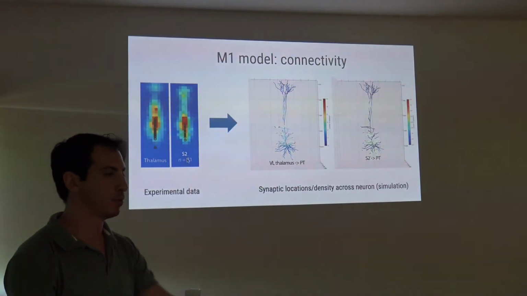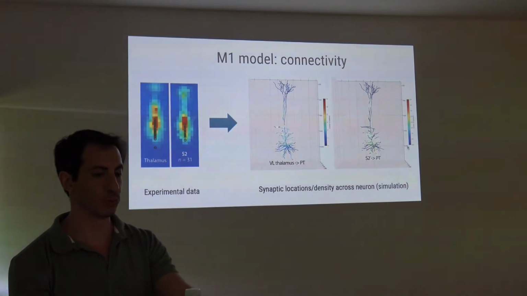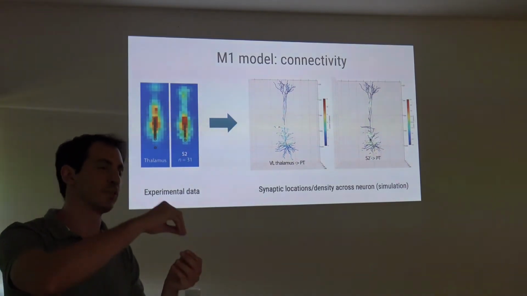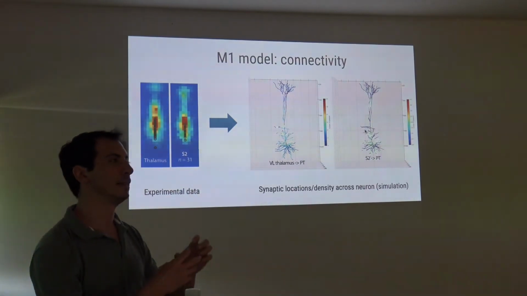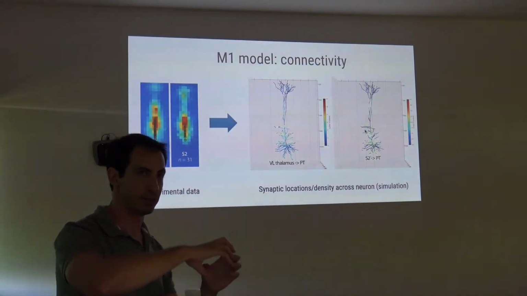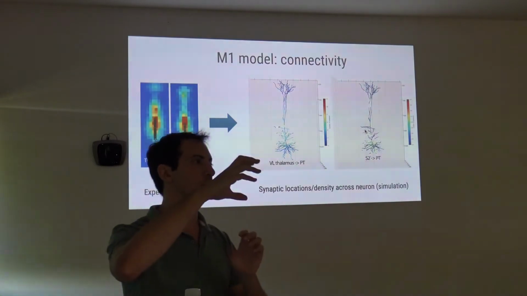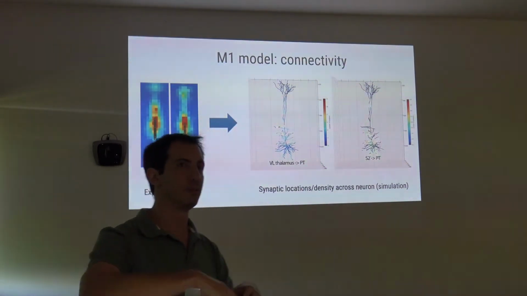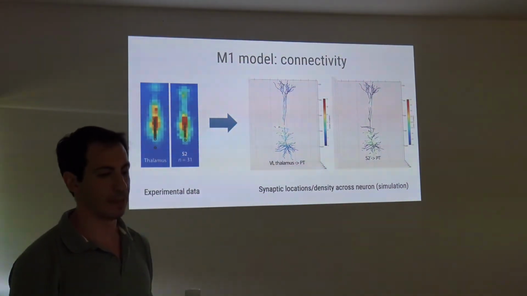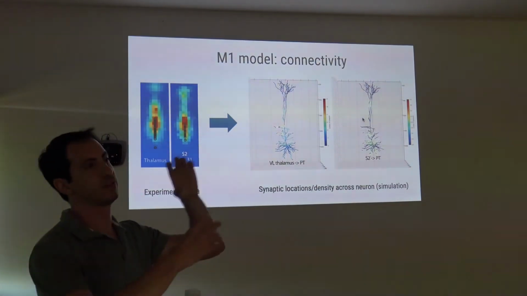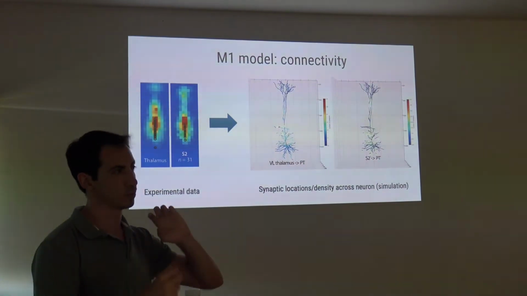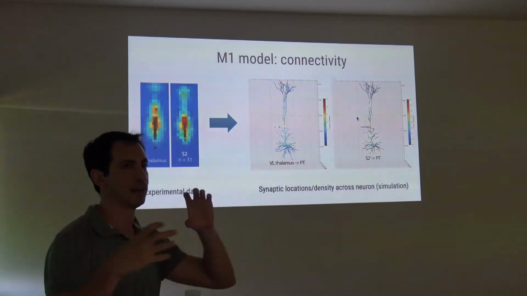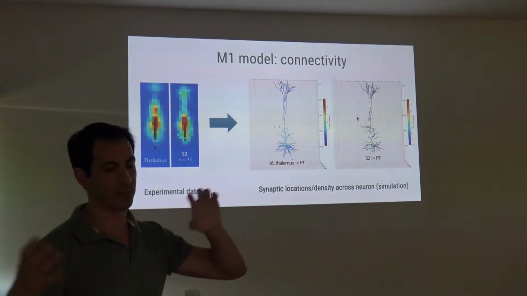And the same for inputs from S2. So S2 to PT cells, you see the distribution of synapses is quite different. So this is also interesting because it means that different inputs project to different parts of the cell. And as we were saying before, there are lots of effects of these dendritic computations. So the fact that, for example, they are in different parts of the dendrite means that you can integrate information from these two regions. So the PT cells are combining information from thalamus and from S2, for example.